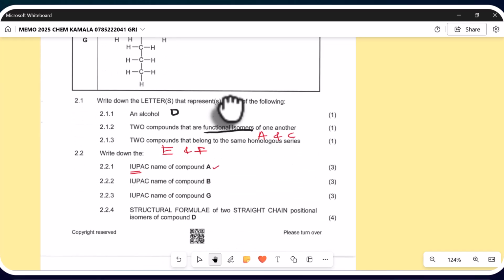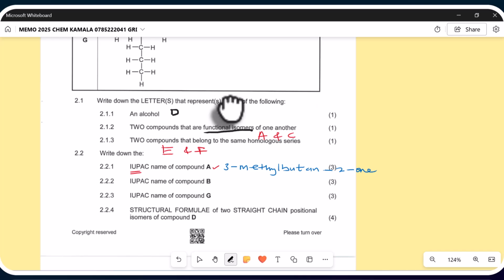So this is the IUPAC name for compound A. It is 3-methyl, meaning on carbon number 3 there is a methyl, then butane, because of the 4 carbons here, like you see, these are 4 carbons here, and then 2,1 on carbon number 2, we have the carbonyl group. Okay, hope we are together. Let us proceed.